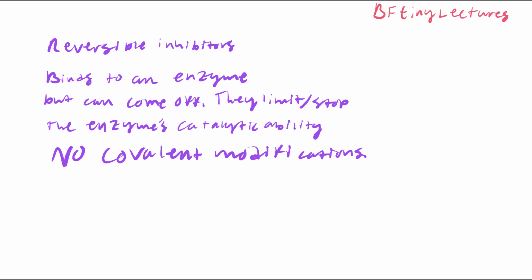Okay, so now we're going to go into the 3 classes of them. Some of them are competitive. The other is non-competitive. And the last one is going to be called uncompetitive.